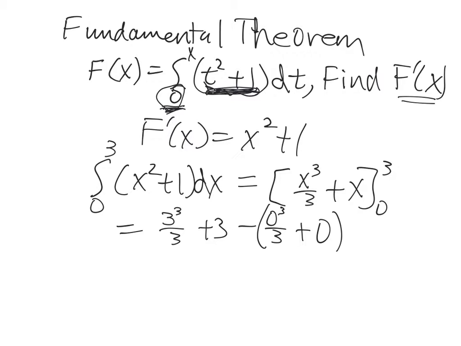So, let's see, we'd have 9 plus 3. That definite integral value is 12. And that's still the fundamental theorem going kind of the other direction. This top part was starting with the definite integral, find the derivative. The derivative is the inverse operation of the definite integral.